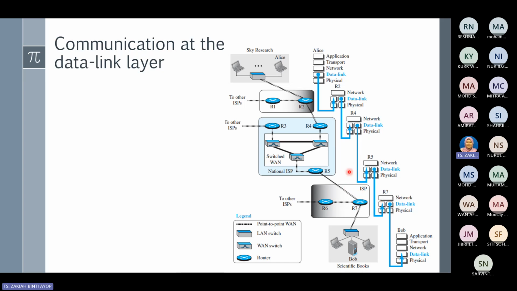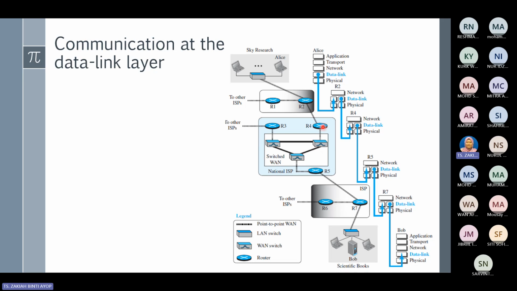So in this case, this is what we call hop to hop. From R7, it hops the datagram sent out to the R5, and then from R5 to the switch one, which would determine that the next hop should be on R4.